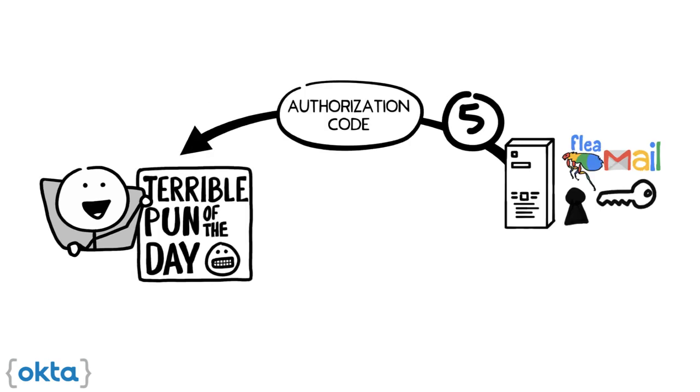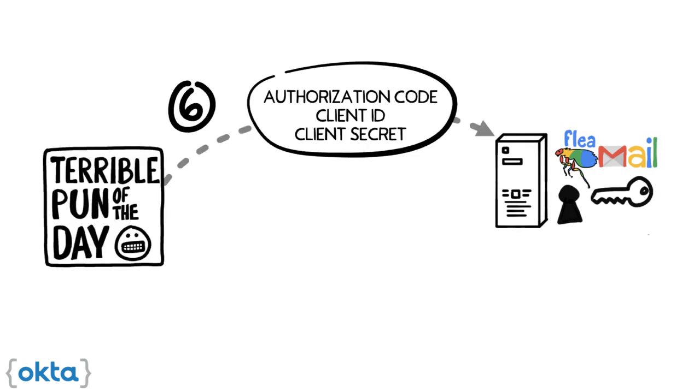The authorization server redirects back to the client using the redirect URI along with a temporary authorization code. The client then contacts the authorization server directly. It does not use the resource owner's browser and securely sends its client ID, client secret, and the authorization code.